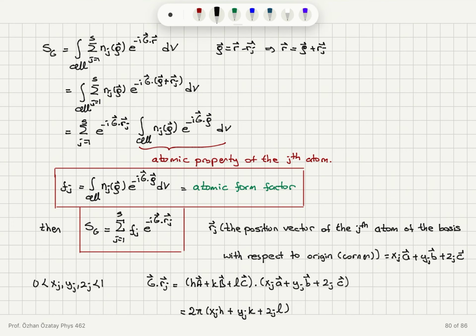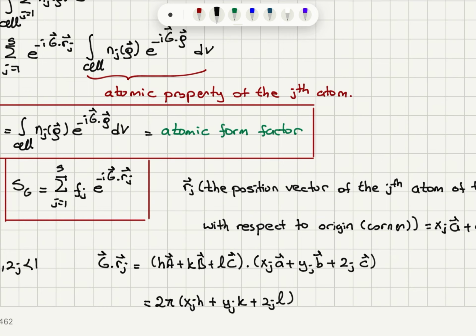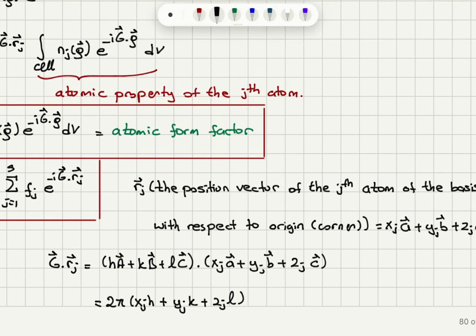If I write this more explicitly, xj, yj, and zj will be numbers between 0 and 1, and g dot rj will be, I write the reciprocal lattice vector h a plus k b plus l c, dot product with xj a plus yj b plus zj c, and this will give me 2 pi times (xj h plus yj k plus zj l).